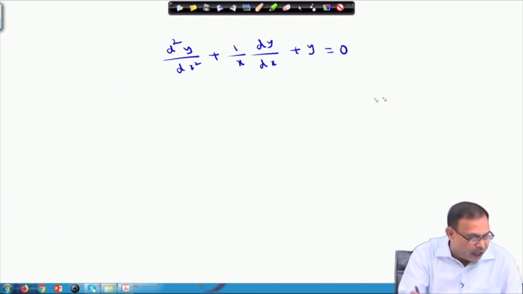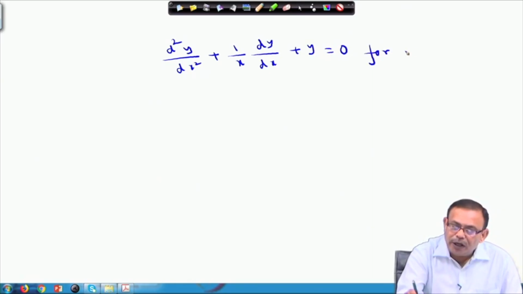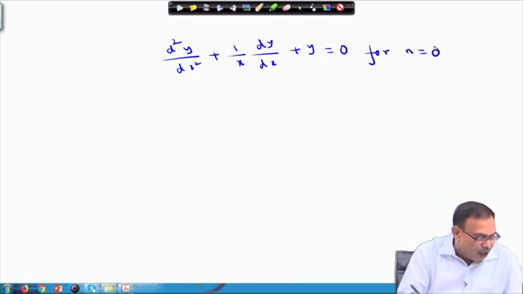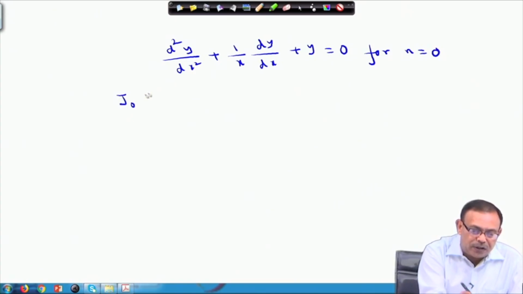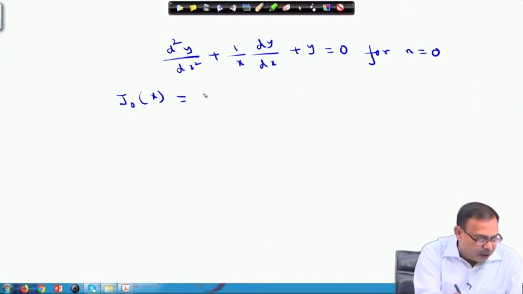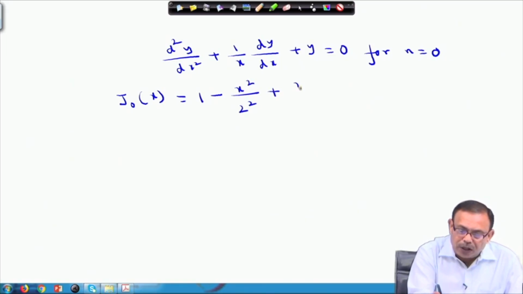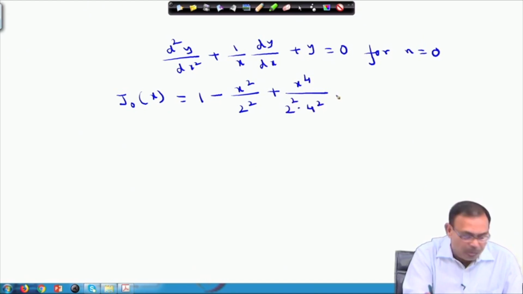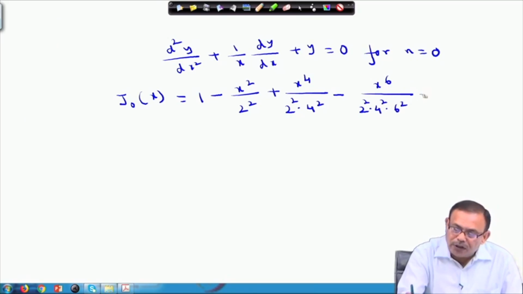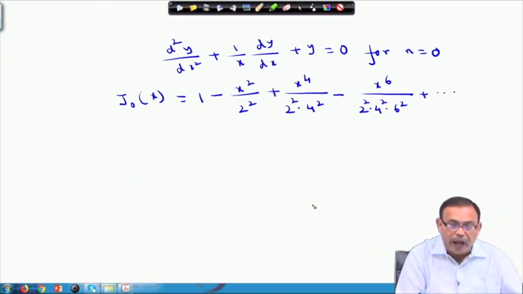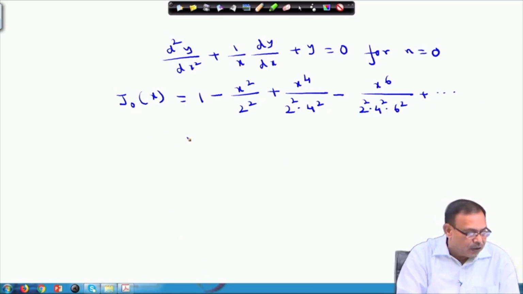This equation is known as the Bessel equation for n equals 0, and the solution we write in the form of J_0(x), which equals 1 minus x square by 2 square plus x to the power 4 by (2 square into 4 square) minus x to the power 6 by (2 square into 4 square into 6 square), and it goes on like this, where J_0(x) is known as the Bessel function of order 0.